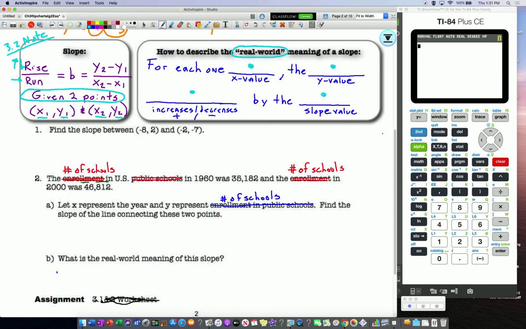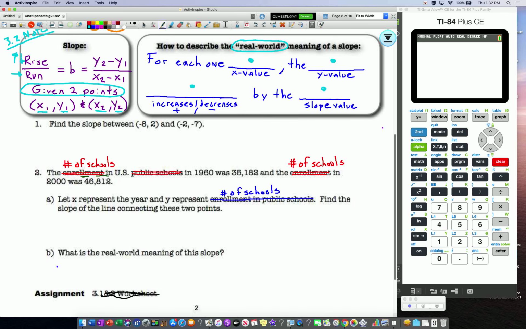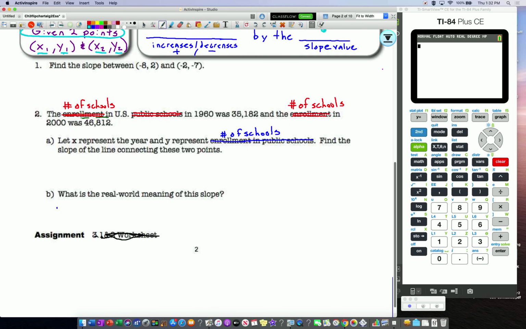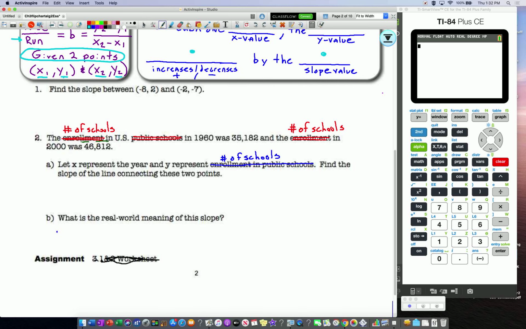I'm going to run you through an example, and then in the assignment today, you have, I think, three problems where you have to do something very similar. Actually, we have two example problems here, my apologies. The first one is practice on finding the slope. Slope is the variable b, which I didn't mention earlier, but you can see it up there.